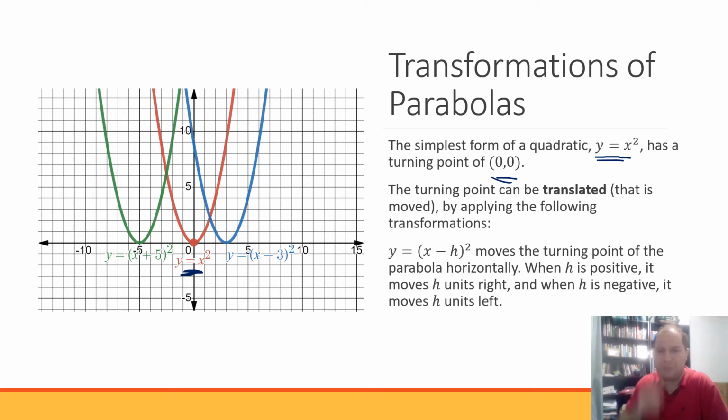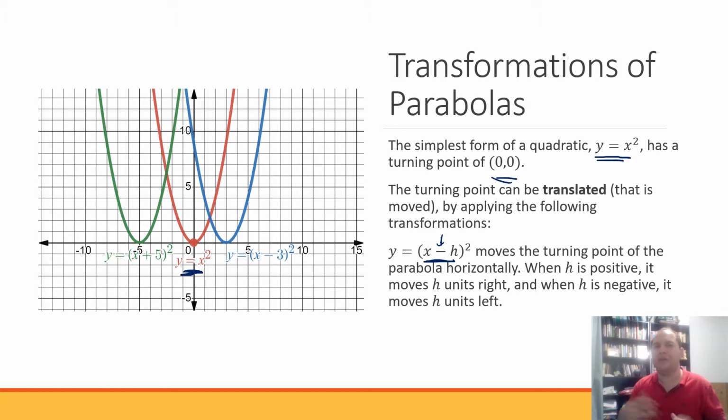Now the turning point can be translated or moved by applying a couple of different transformations. The first one is using this value inside the brackets with our x term, and it moves our turning point horizontally. The key thing with this formula is that in between x and h, it's a minus sign.